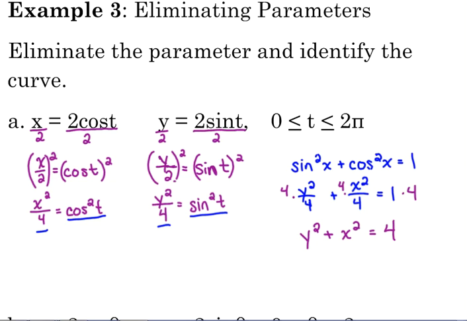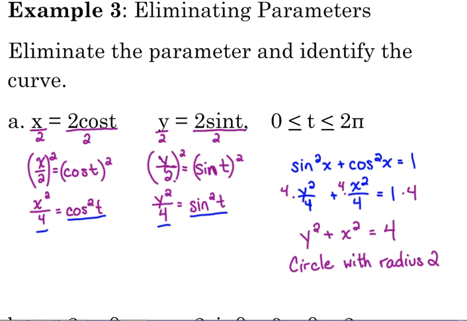Common shape. Math 2 or Math 3. Circle. X squared plus y squared is equal to r squared. This is a circle with radius 2.